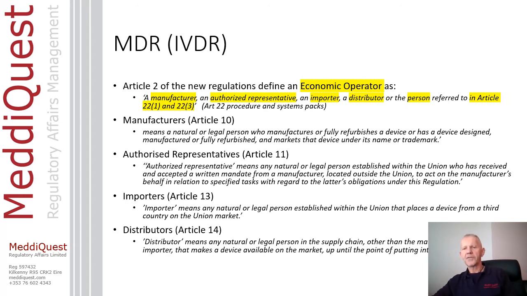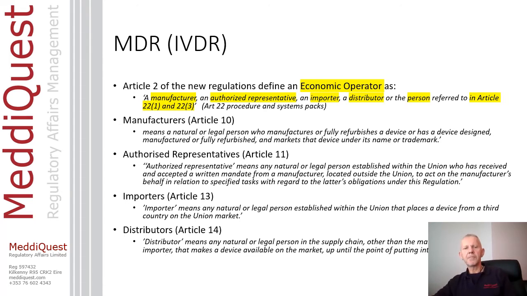So if the manufacturer is outside the European Union or free trade area, then they need an authorised representative inside. Importers, the people who bring the product in, that may be the authorised representative, they may be the same person, they may not. So one person or one legal entity can have more than one role as an economic operator.